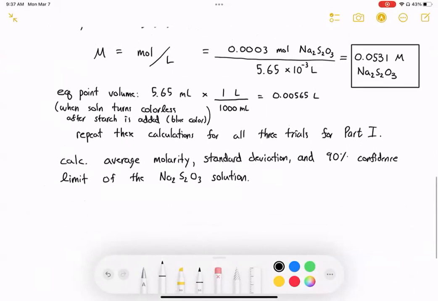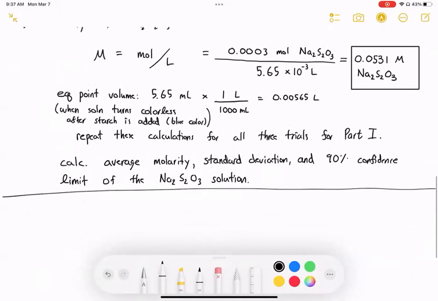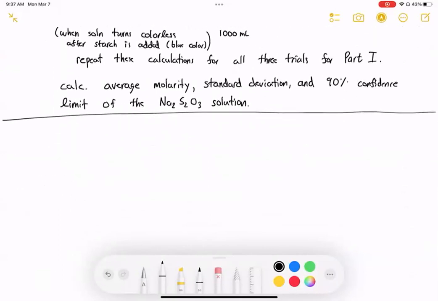The second part is where we now get into calculations of the KSP value. So we're going to calculate solubility, x.